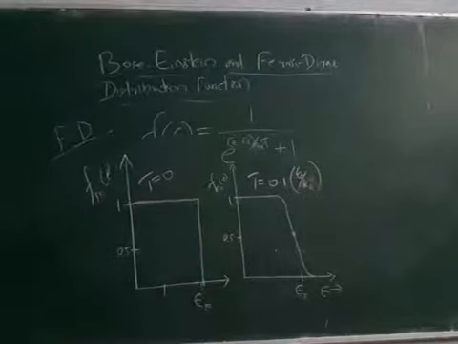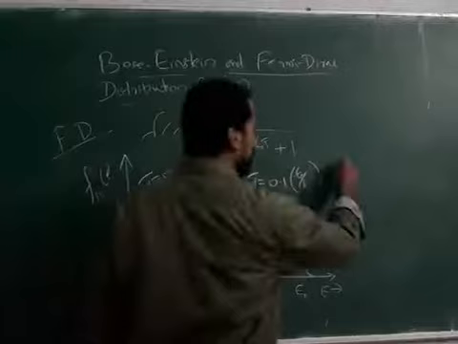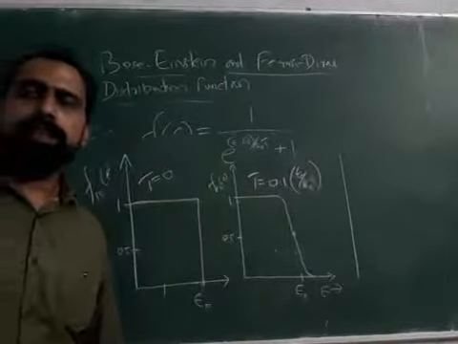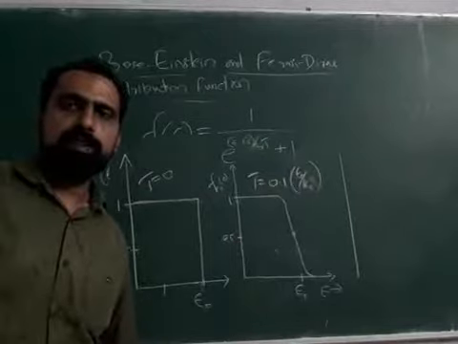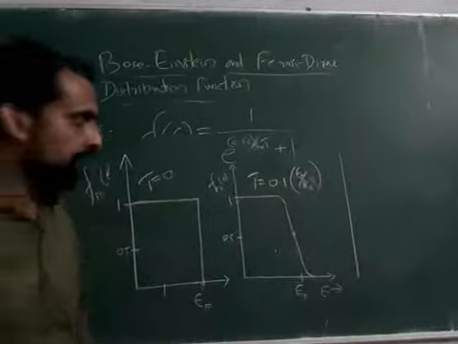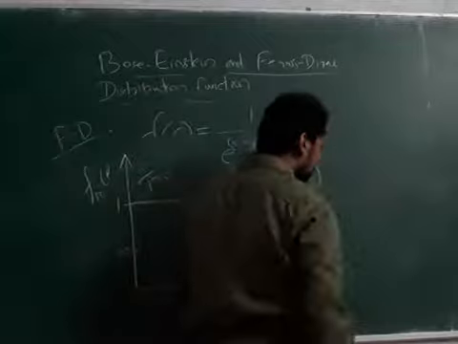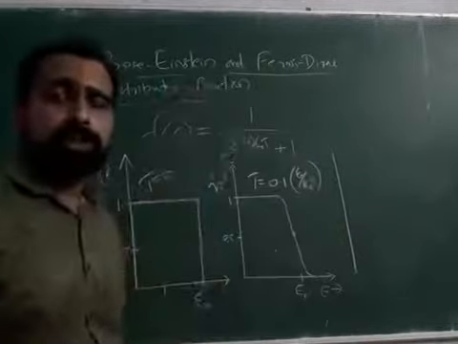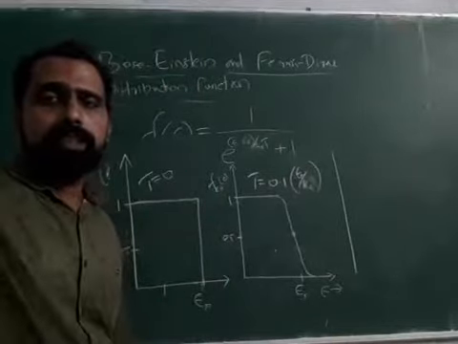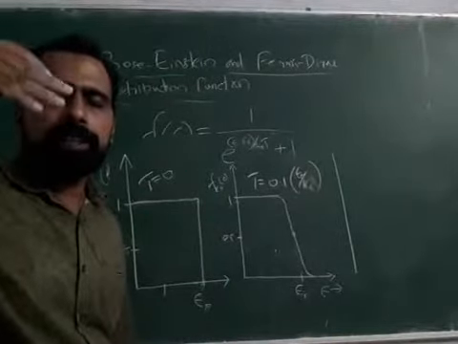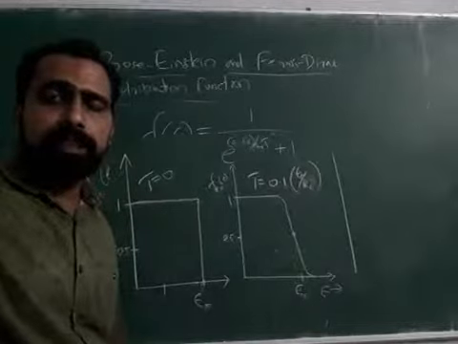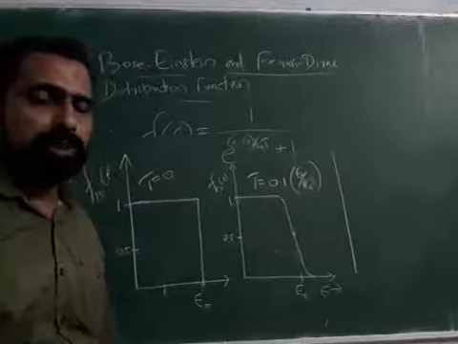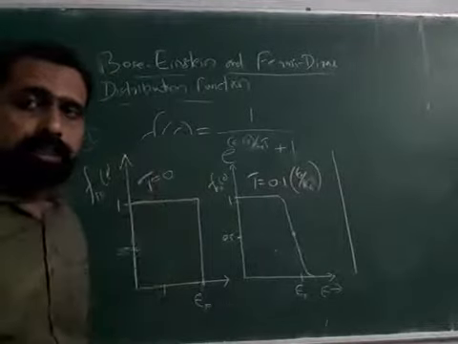If you increase the temperature further, what will happen? Your particles will again and again occupy above the Fermi energy level. You start occupying more and more particles, and once your temperature is very high, with kBT much greater than the energy, things will converge to the Maxwell-Boltzmann distribution function that we have seen in the beginning.